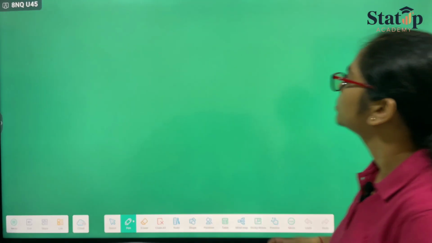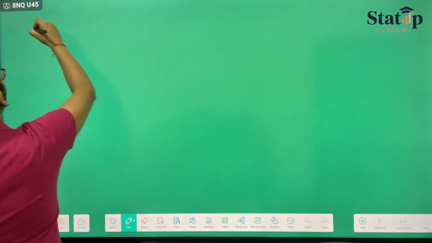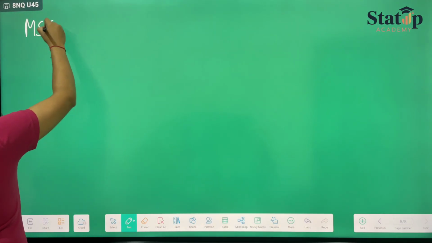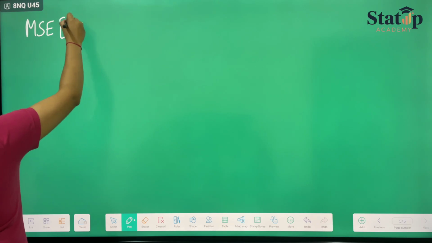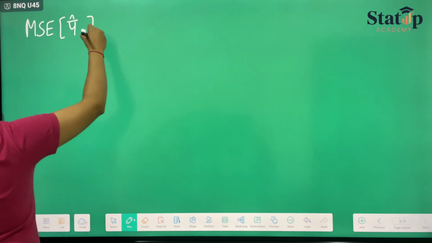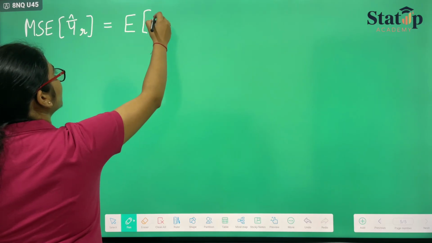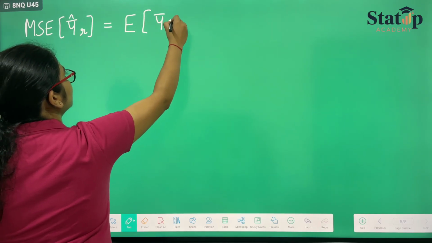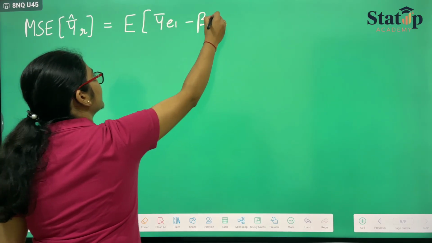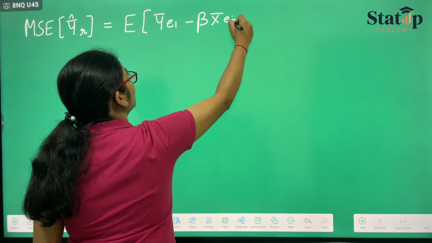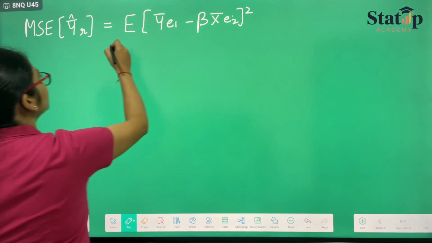So the MSE of the regression estimator is the expectation of Y bar E1 minus beta X bar E2 whole square. First we'll open the whole square part.